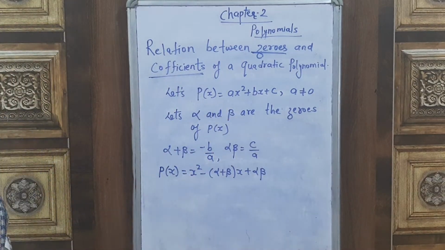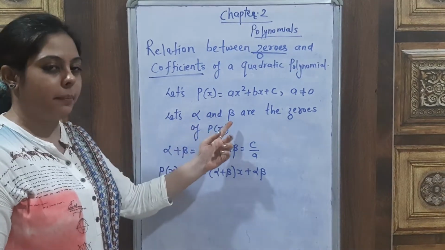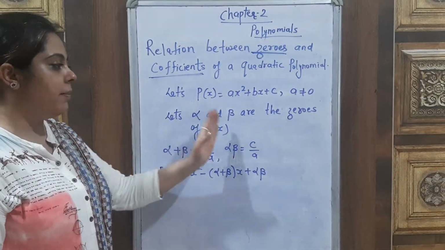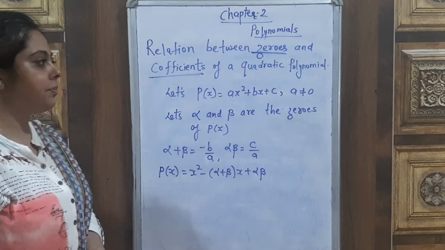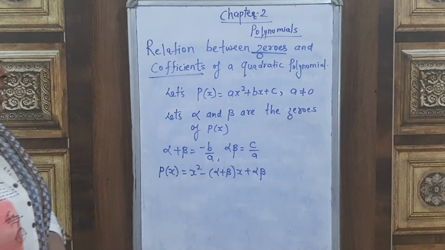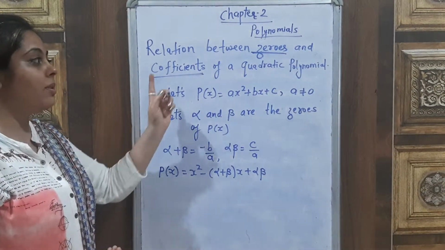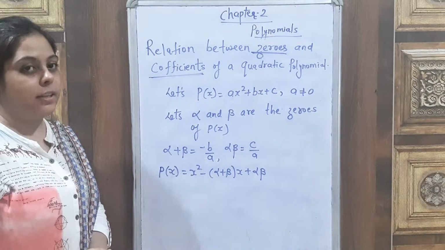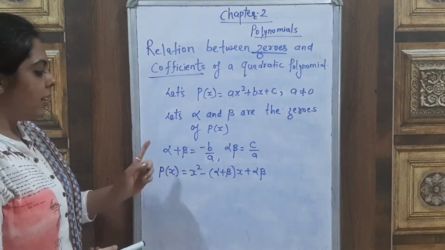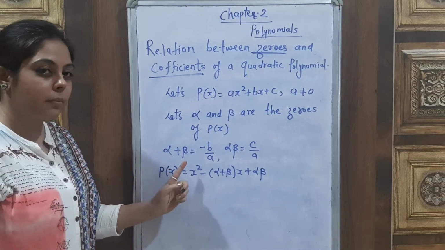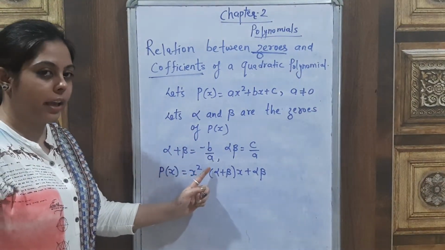And let us also take the zeros of the polynomial alpha and beta. Here alpha and beta are the zeros of the polynomial p(x). Then we have the two important relationships between zeros and coefficients that you have to remember. And these are alpha plus beta is equal to minus b upon a.